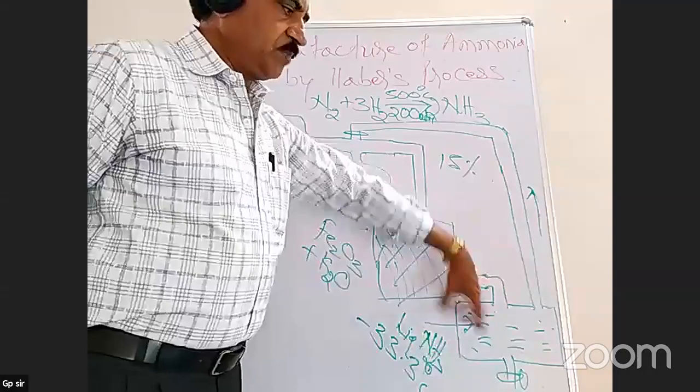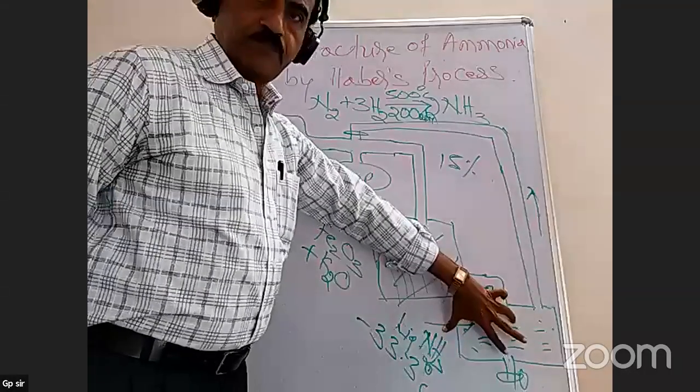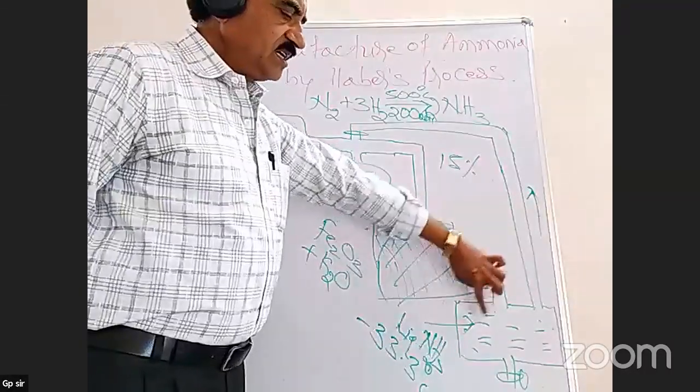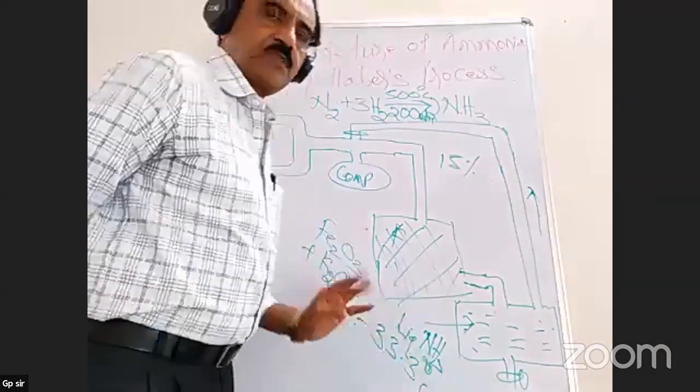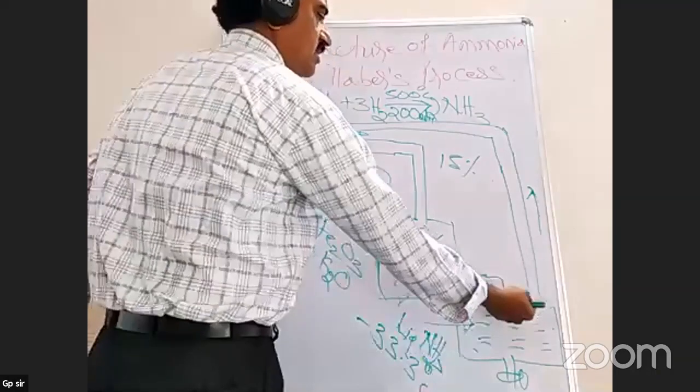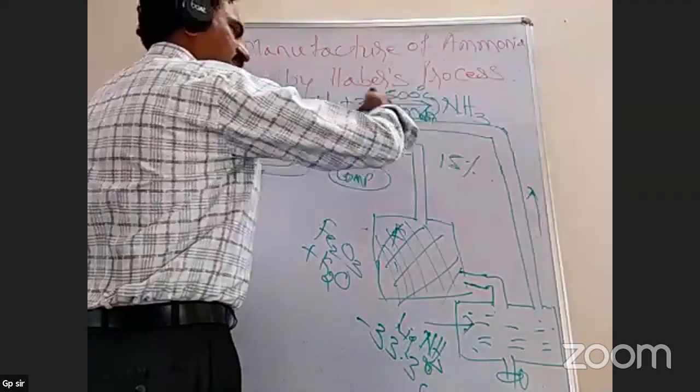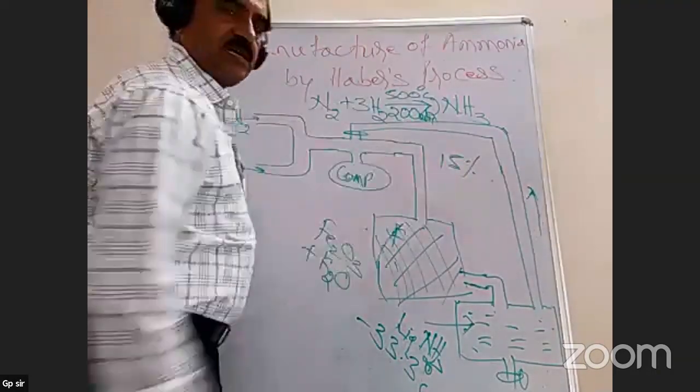The mixture is then passed into the freezing chamber at minus 33.3 degrees Celsius. Ammonia condenses into liquid and is taken out. The unreacted gases are again recycled by passing through the compressor.